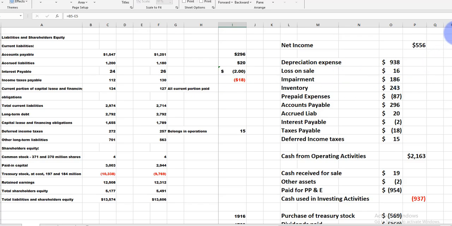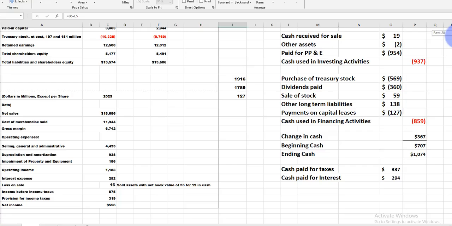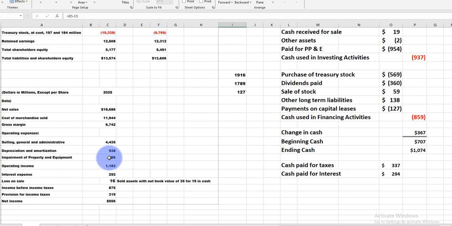Now, there's an impairment for 186. That is an impairment of property and equipment. Technically, depending on how you look at that, some people would consider that a loss, similar to gains and losses of our next section. Others would consider that a non-cash expense.